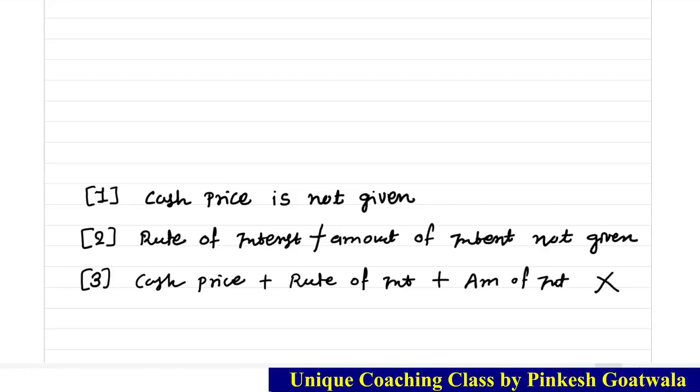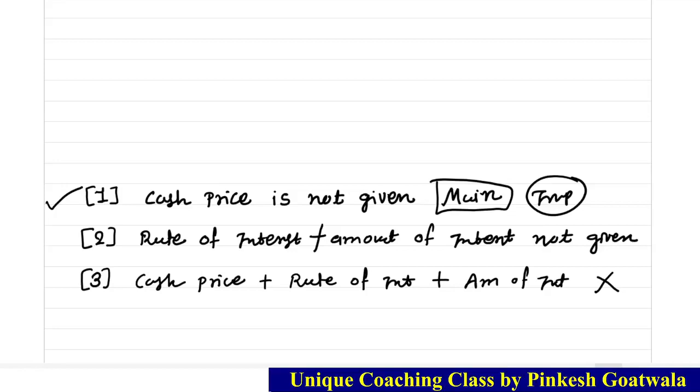It is the third type. So indirectly there are 3 types of sum that can be asked. The first, where cash price is not given, is the main and important one, because we have solved many sums where cash price is not given and seen what twist points come.